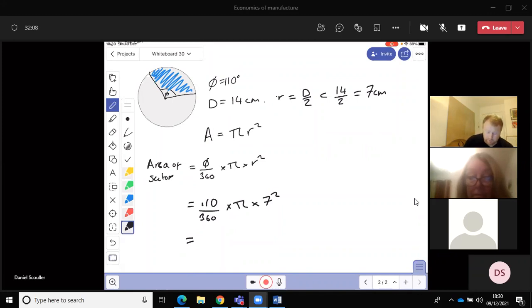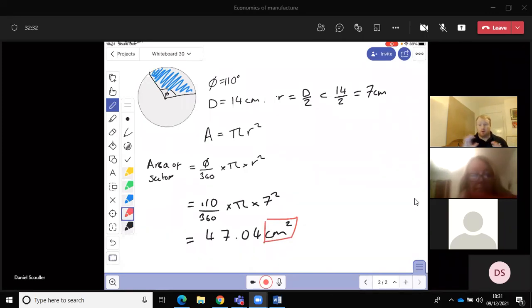I'm getting 47.04. It's an area, so it's going to be centimeters squared. You do get marks for having the right units, so units are really, really important.